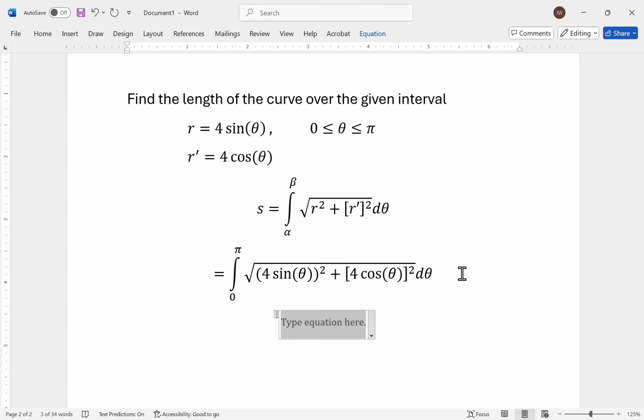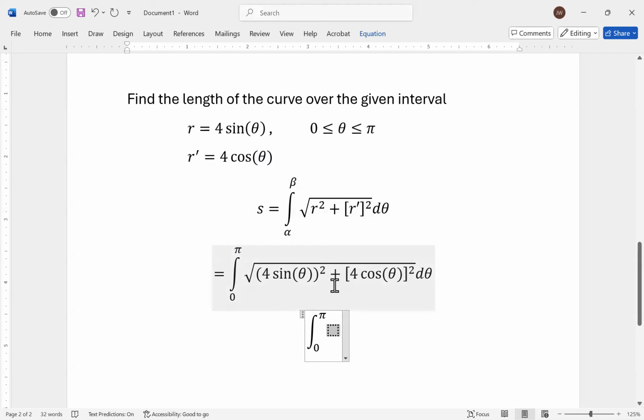I'll do a little bit of simplification here. This is going to be 16 sine squared plus 16 cosine squared. We know that sine squared plus cosine squared is 1. So if I factor out a 16, I get 16 times 1.